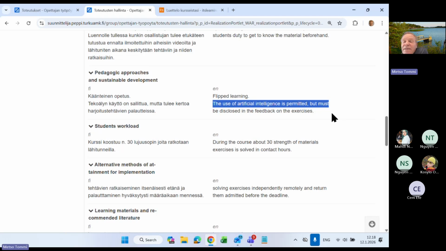This Copilot is quite a good AI system, and you can use it freely. And because our uni has paid for this Copilot system, it doesn't go to the global AI systems, whether you are calculating or making text or something like that.